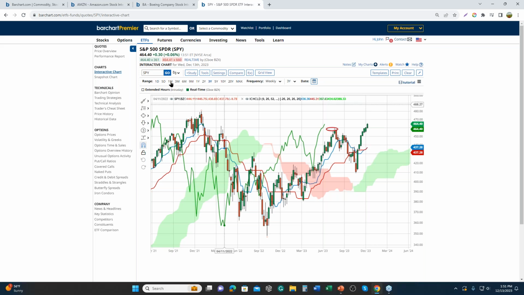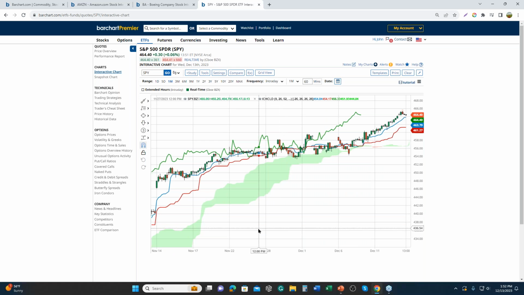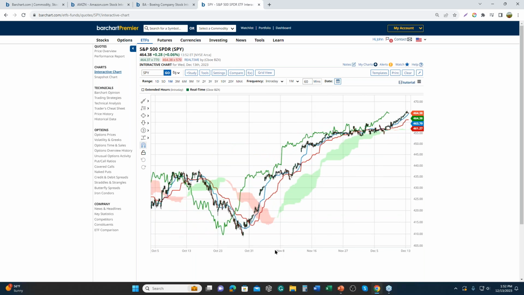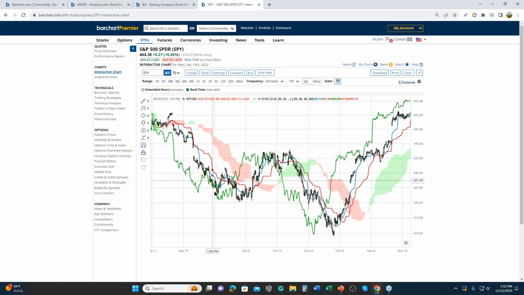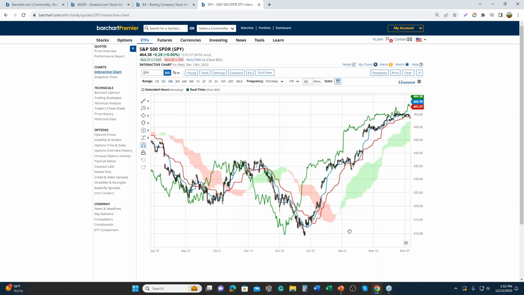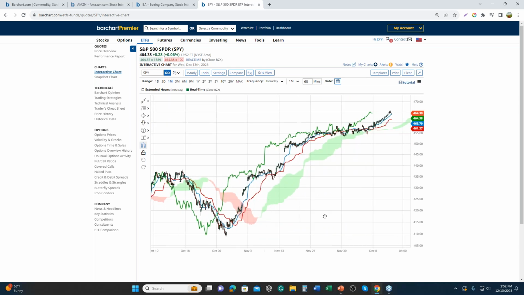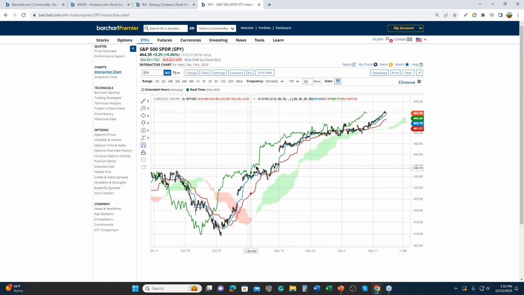But if I go to, say, an hourly time frame, you might see a trend developing at an intermediate or lower intraday time frame. But where the cloud struggles a lot of times is that you might get a lot of false signals as it vibrates back and forth. On a 60-minute time frame, by the time it identifies your trend, if you're a day trader, your trend might be over or your day might be over.